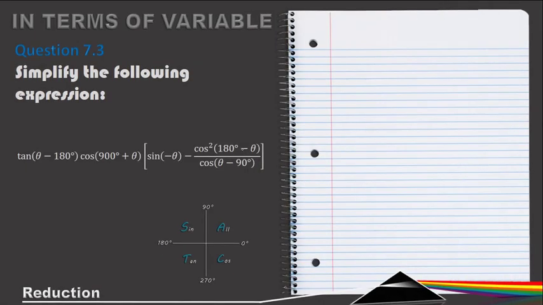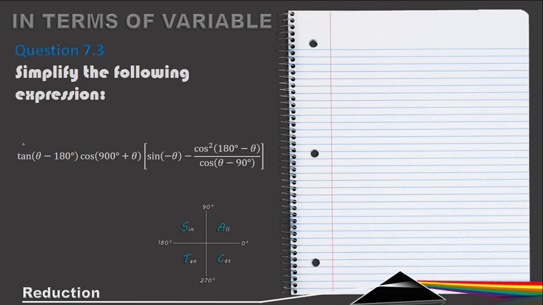Question 7.3. So this one looks quite complicated, but we'll just take it one step at a time. Now the first expression here, we've got tan of theta minus 180. Now this one needs to be swapped around, so this then becomes negative.